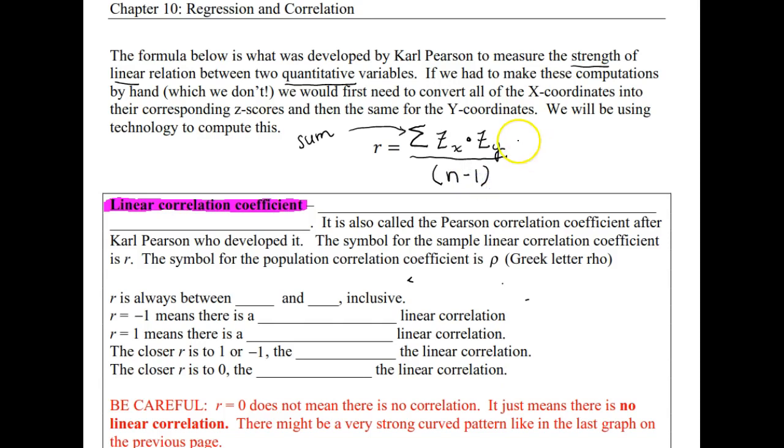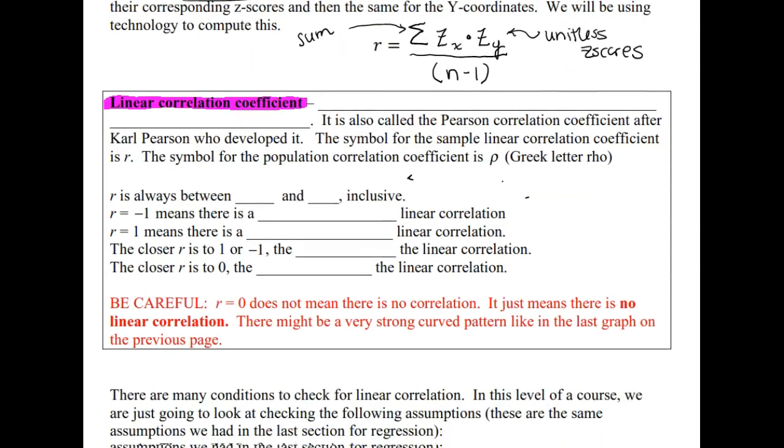Okay, so again, this formula is using unitless z-scores. So at the end of the day, the final result for r has no units. But again, keeping in mind, we are not going to be using this formula to compute them. We're going to use our technology to get those values.